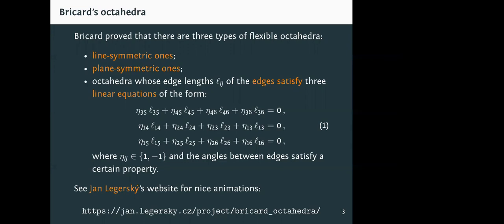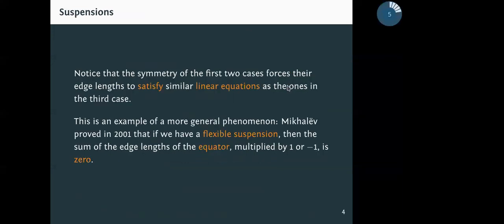Actually, this is an example of a more general situation, namely that in general, any flexible suspension, which is essentially a double pyramid on an equator, if the suspension is flexible, then Mikhalev proved in 2001 that the same condition holds, namely that there is a way to sum or subtract the edge lengths of the equator so that we get 0.